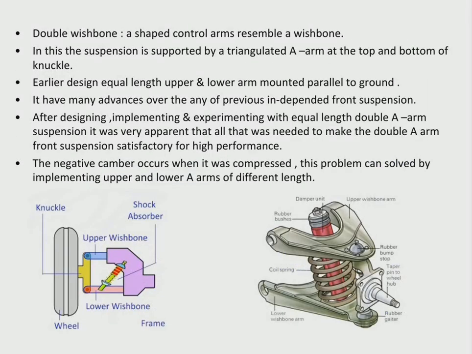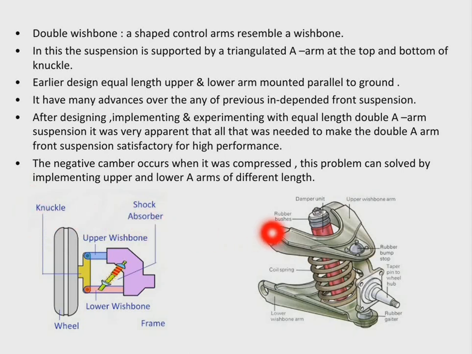Now the second system, we know, is the double wishbone system. In this system there are two types: one is a parallel type and another is a double A cross type. So double A type and parallel system. Here you can see there are A shaped control arms which resemble a wishbone.